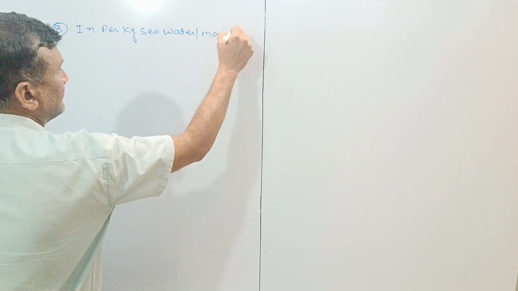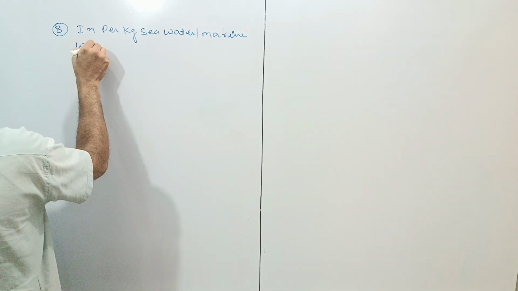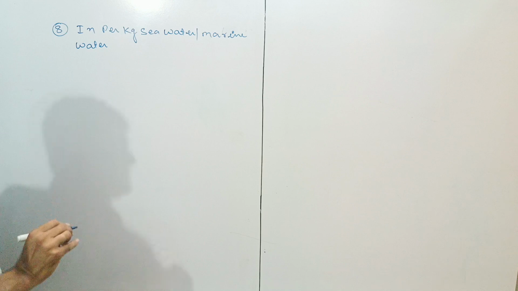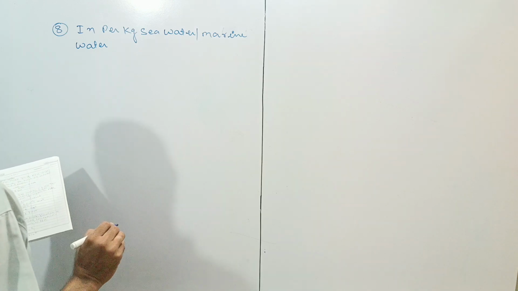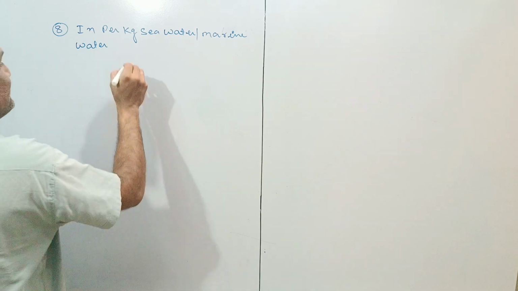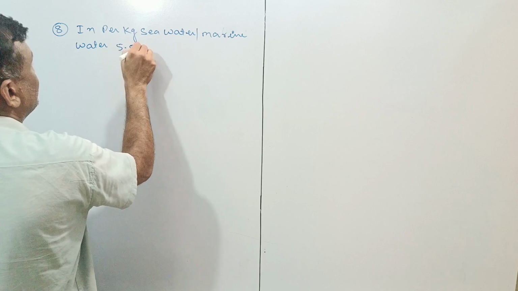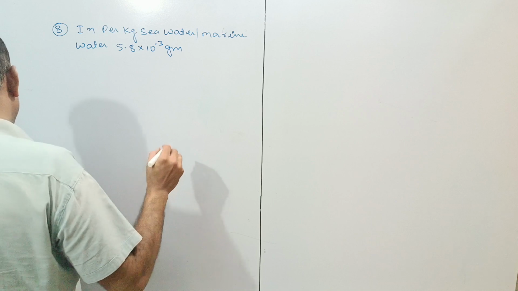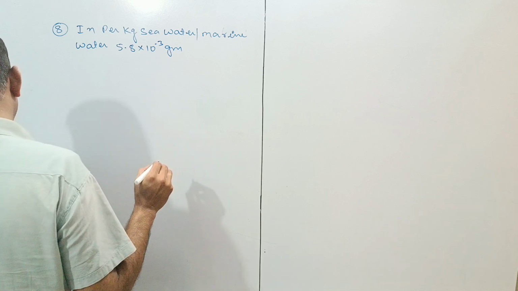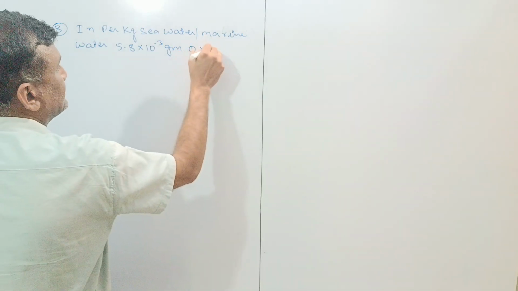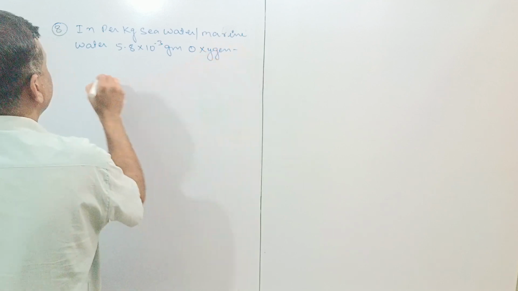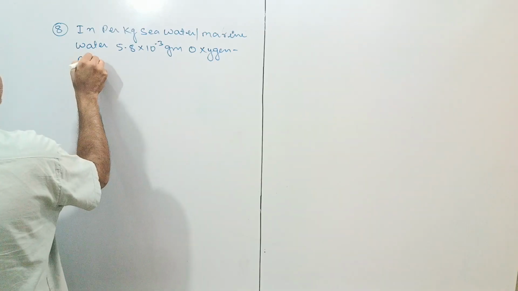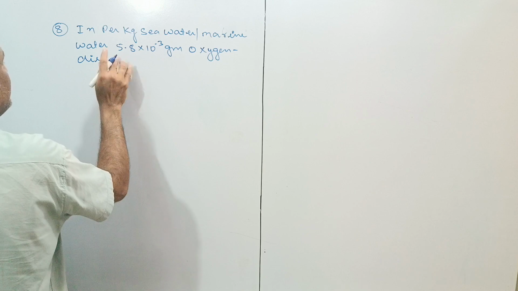You can say salty water, which we can get from the sea. In per kg sea water, 5.8 into 10 to the power minus 3 gram oxygen is dissolved.